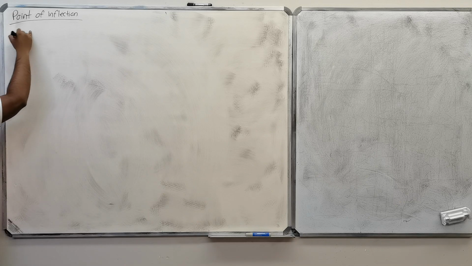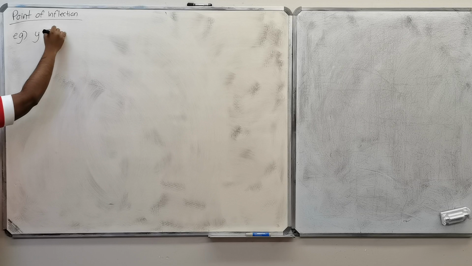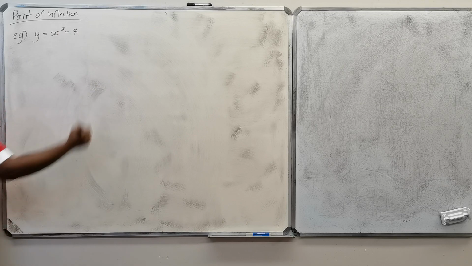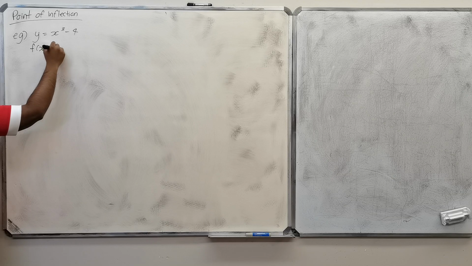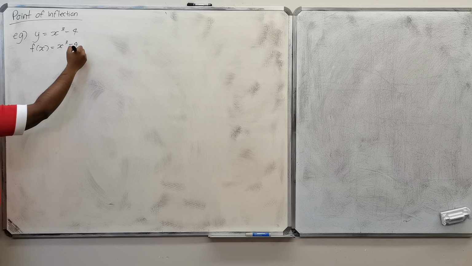So the example is y is equal to x cubed minus 4, on page 230. So f of x is equal to x cubed minus 4.